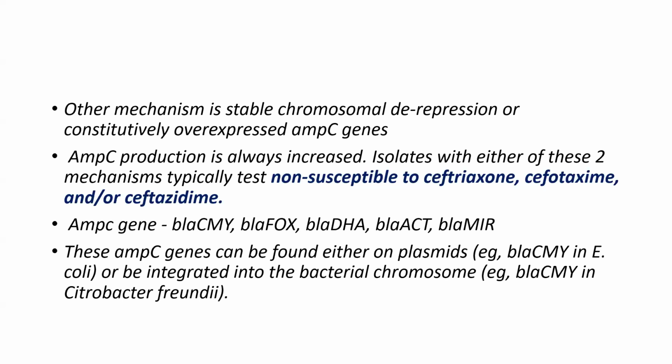Isolates with either of these two mechanisms typically test non-susceptible to ceftriaxone, cefotaxime, and ceftazidime. And the AmpC genes are bla-CMY, bla-FOX, bla-DHA, bla-ACT, and bla-MIR. These AmpC genes can be found either on a plasmid or integrated into the chromosome.